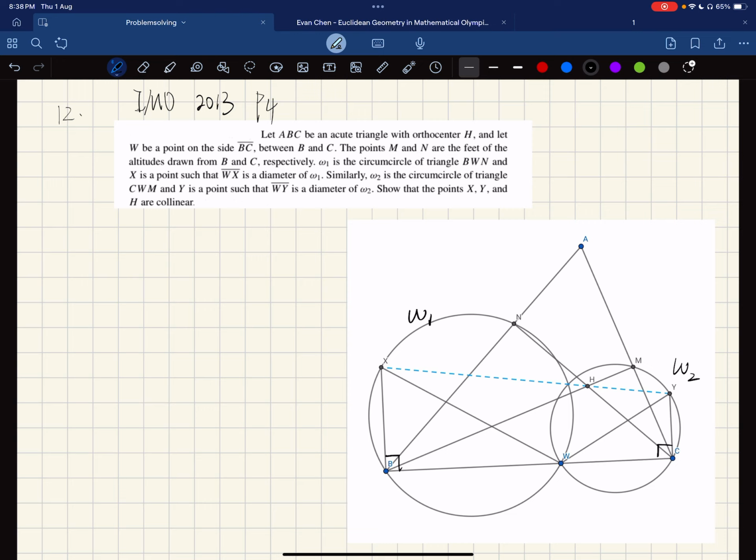So how can we continue? We want to show that the points X, Y, and H are collinear. It is not easy to prove directly, but we can use some other points.